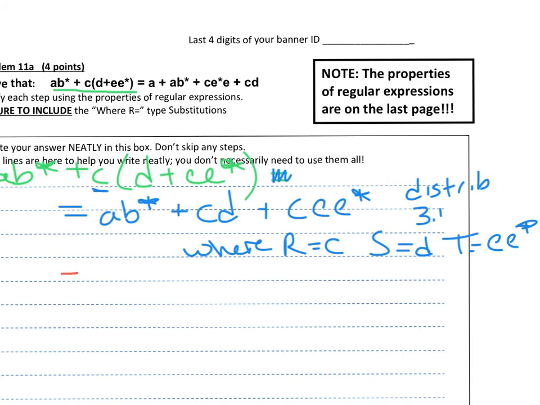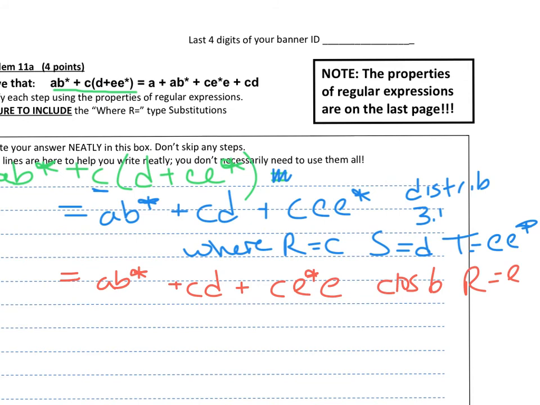That equals, and again, I'm just changing pen colors to make it clear which is each line because it's really messy on this tablet. So that equals, let me copy everything again, AB star plus CD plus C, and now we have E star E. And that is by closure 6, where R equals E. Notice that R does not equal E star.